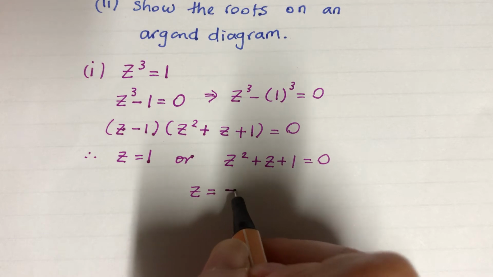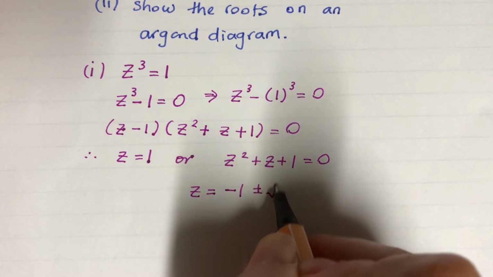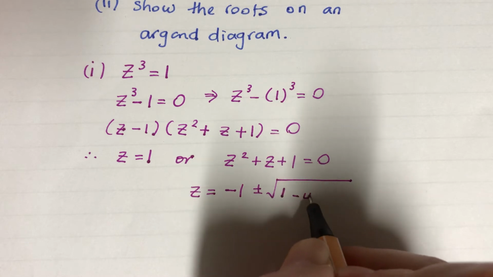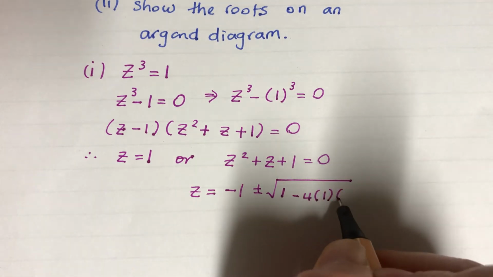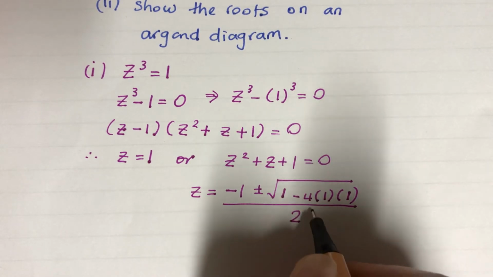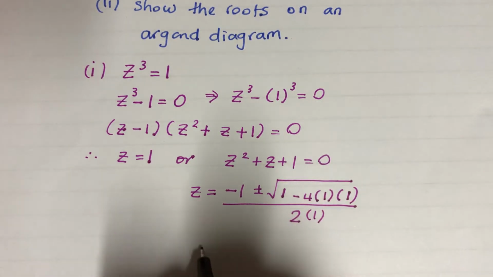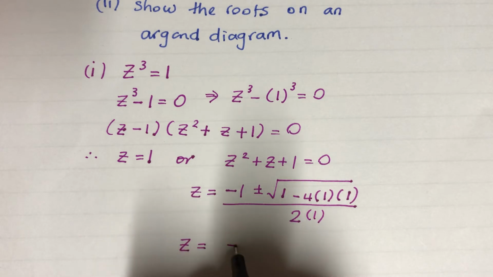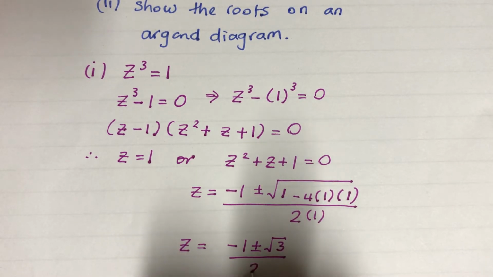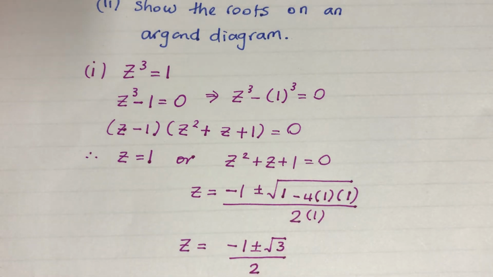This one I'm going to go z equals plus minus, 1 squared is 1, minus 4 times a times c, all over 2a, is 1. So what I've got left here is this. Now what does that really mean?